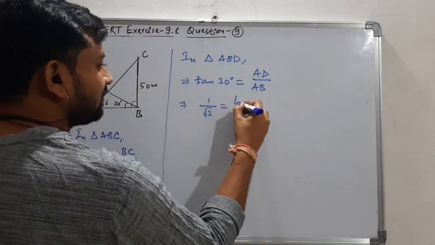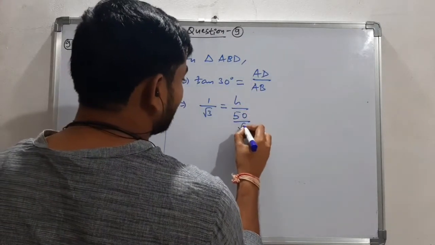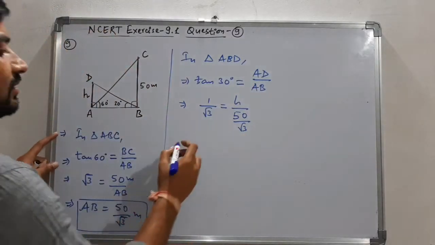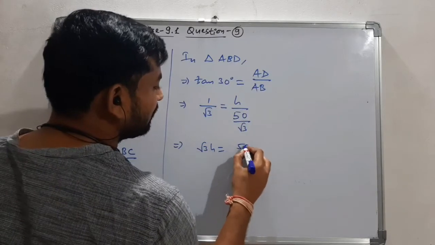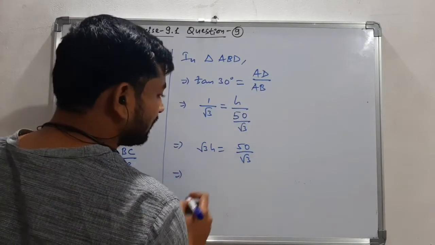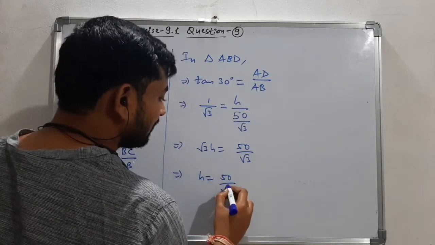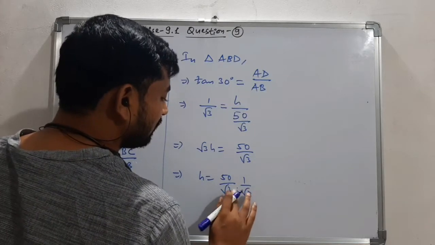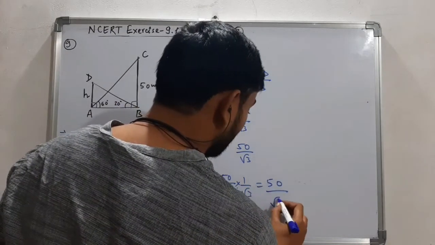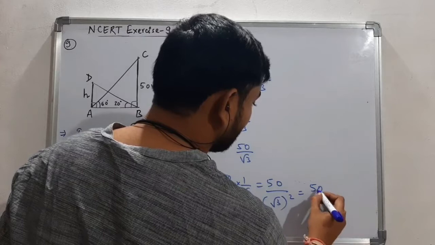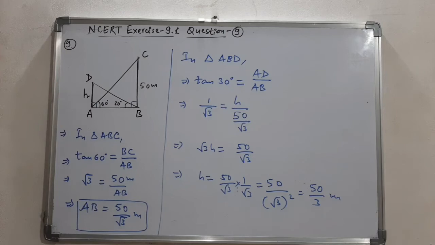AD is the height and AB, which we calculated here, is 50 by root 3. So from here we are getting root 3 h is equal to 50 by root 3. So h will be 50 by root 3 into 1 upon root 3. We can solve this to get 50 by root 3 square, which is nothing but 50 by 3 meters. If we solve this, we will be getting something around 16.6.